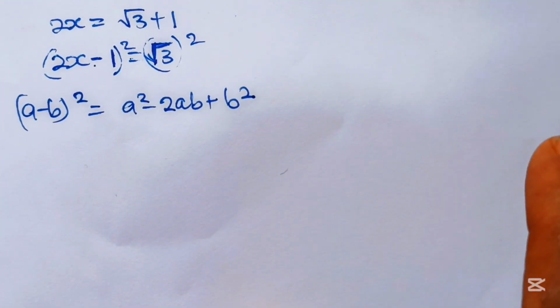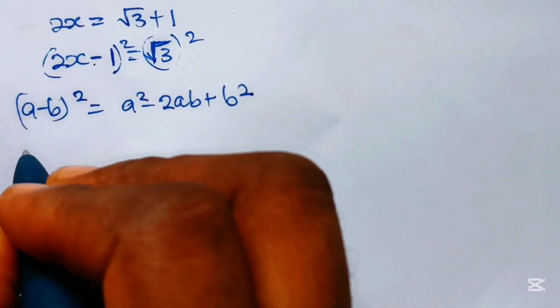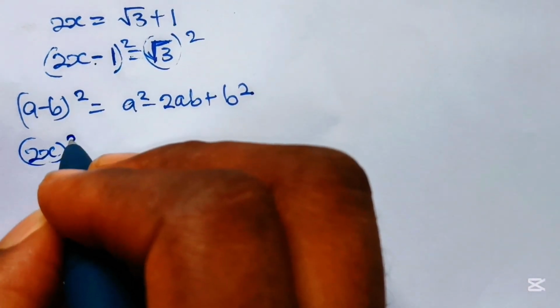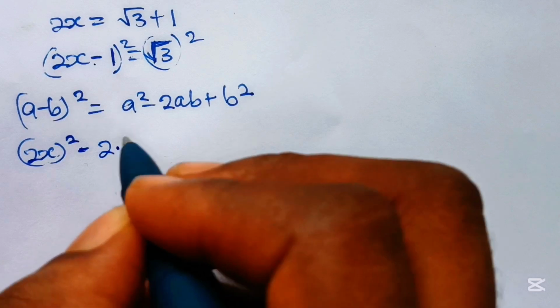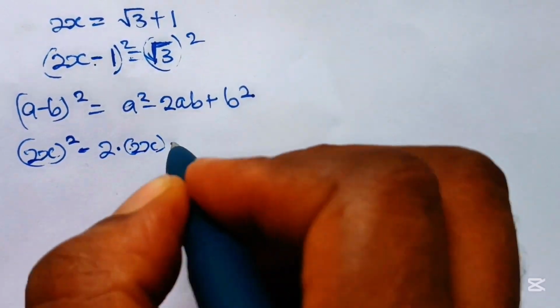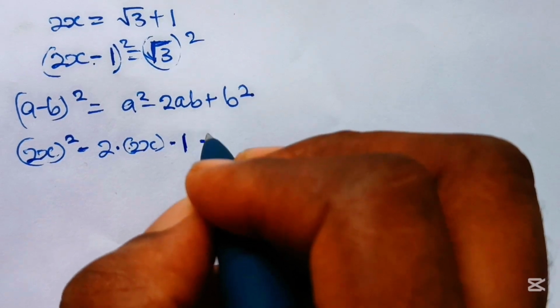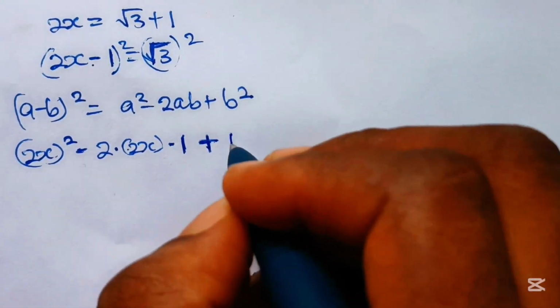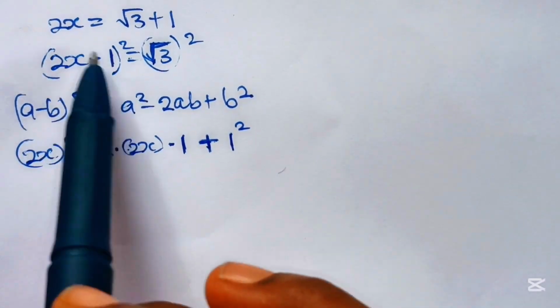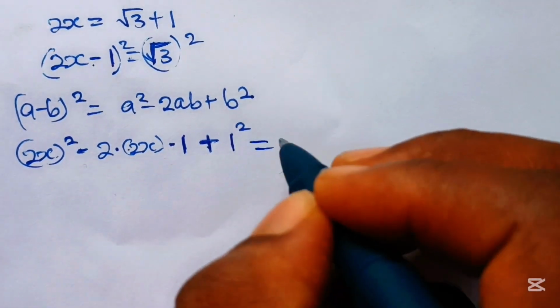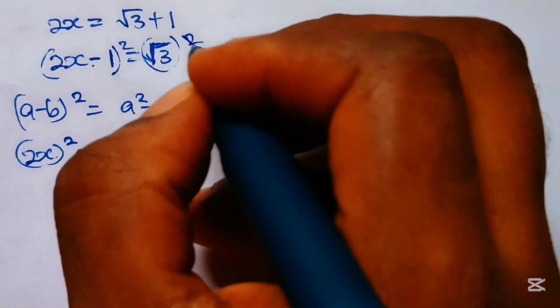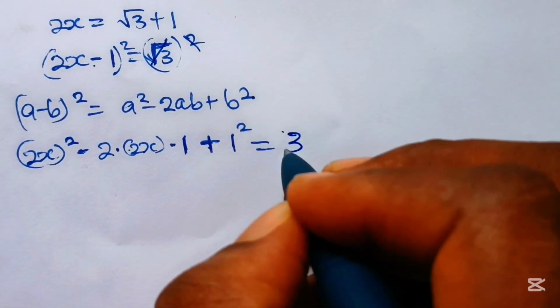So we can write this as (2x) squared minus 2 multiplied by 2x multiplied by our b, which is 1, then plus b squared, that is 1 squared. That is it for the left hand side of the equation, is equal to, then here this will cancel this, so we are left with 3.